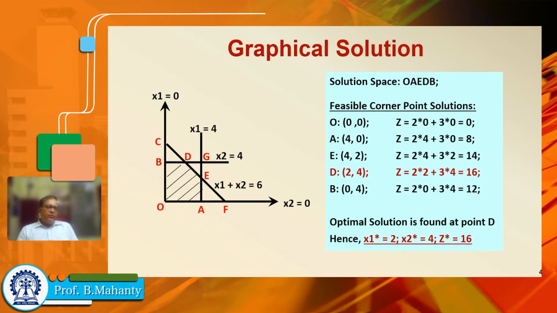In fact, there are 3 points. The other point is not seen. B is the point where x2 equal to 4, that line, and C is the point when x1 plus x2 equal to 6, that line. And you see the lines x1 equal to 0 and x1 equal to 4 will not meet because they are parallel to each other.